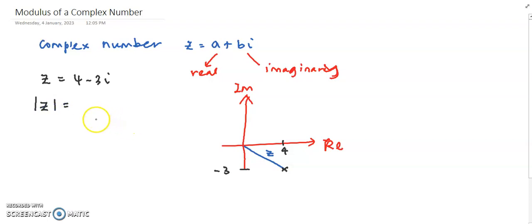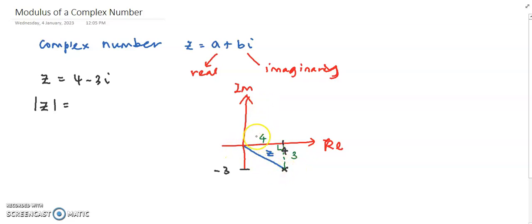So how to find the modulus of z? We're going to use the concept of the Pythagoras theorem, as this is a right angle triangle. The height of the right angle triangle is 3 units and the base is 4. So we want to find the length of z.